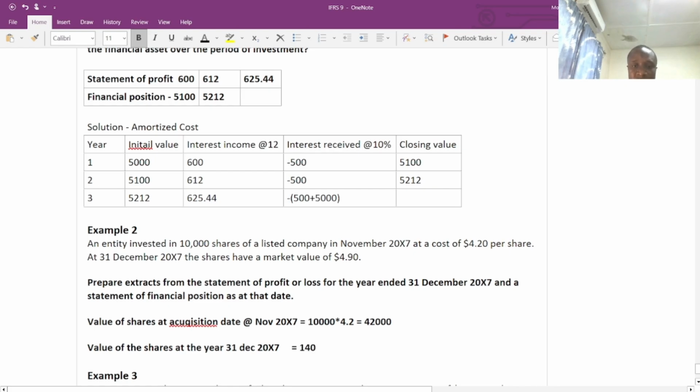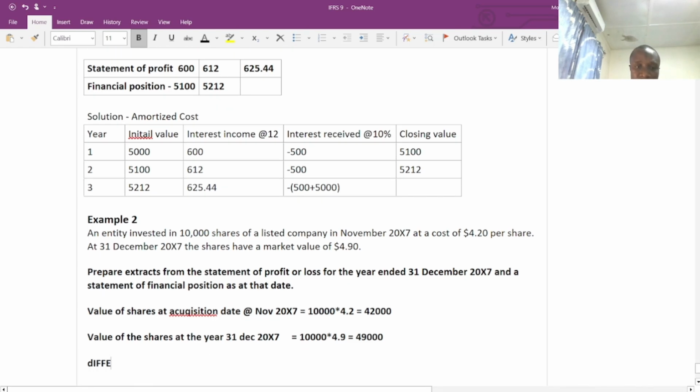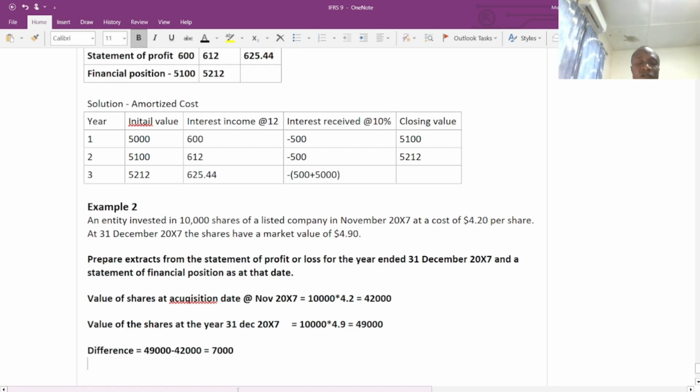So basically, the value will equal 10,000 multiplied by 4.9, so 49,000. So the difference will equal 49,000 minus 42,000, so 7,000. This 7,000, we are going to account for as a gain on the fair value.